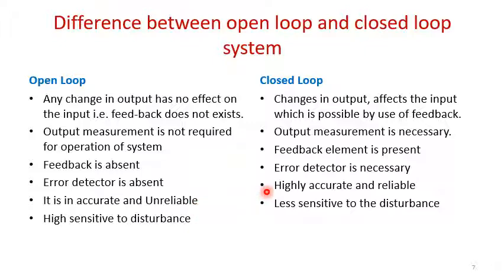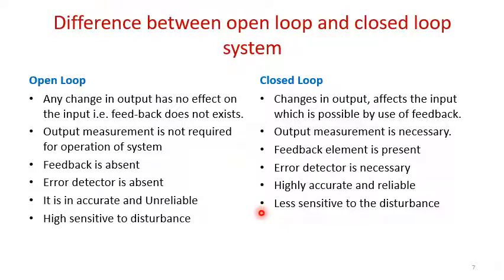When compared to open loop, closed loop systems are highly accurate because of their feedback system, and moreover reliable. Open loop systems are highly sensitive to disturbances. As disturbances occur in the system from external sources, the output will change, and there is a possibility that we have to adjust it often.